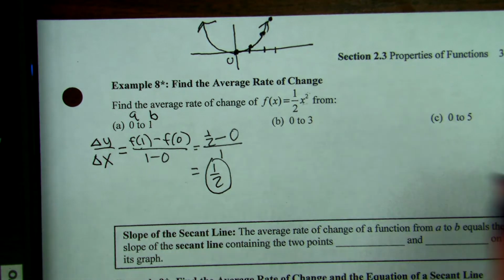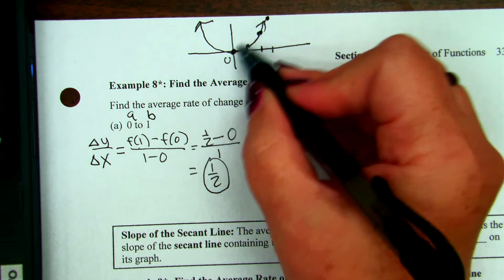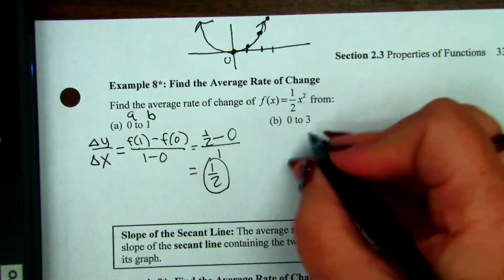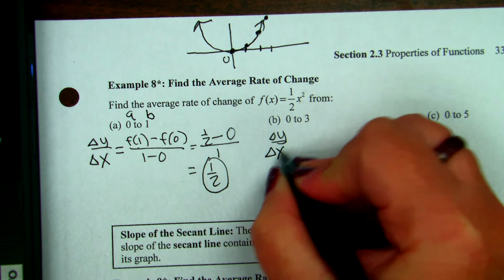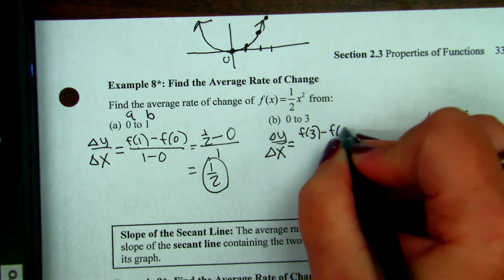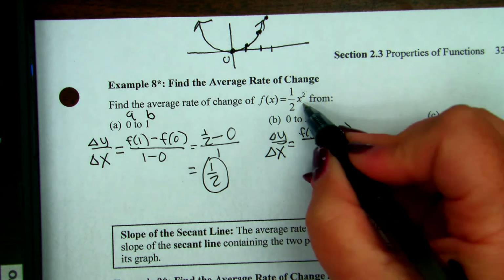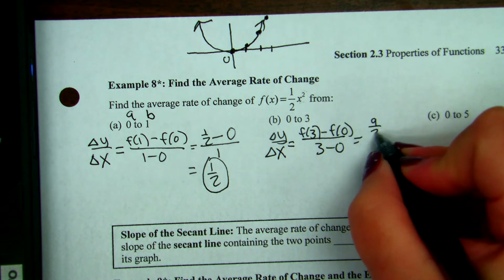0 to 3. From 0 to 3, what's the average rate of change? It's steeper than that was. You're going to write change in y over change in x equals f of 3 minus f of 0 over 3 minus 0. So if we put a 3 in, 3 squared is 9. 9 times 1/2 is 9/2.